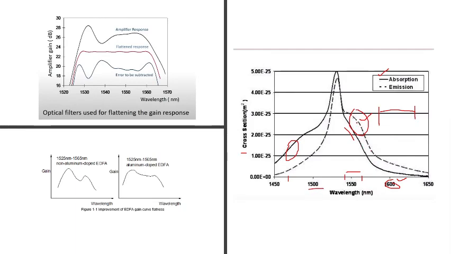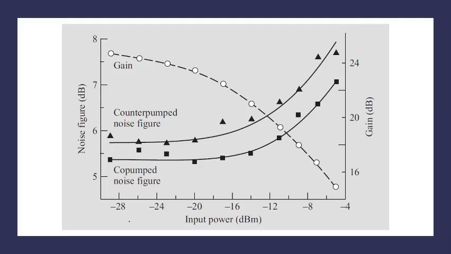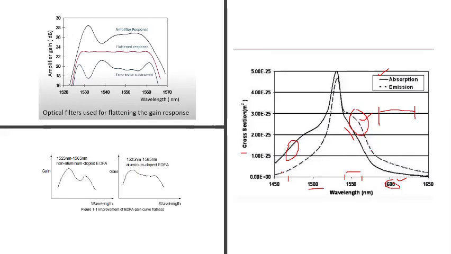So that's why, as we discussed earlier, as the input power increases, the amplification decreases. The same thing happens here. The 1560 wavelength has higher energy as compared to 1530, so the amplification of 1560 is less as compared to 1530.